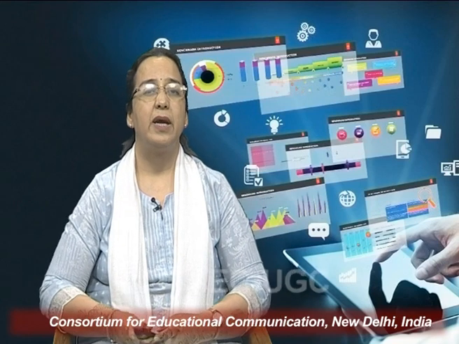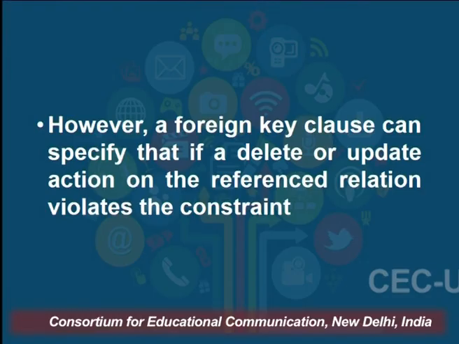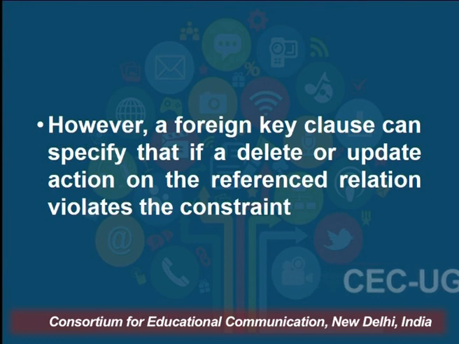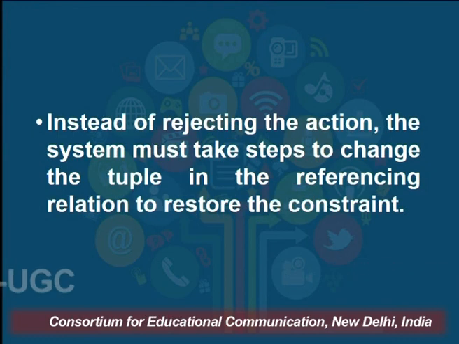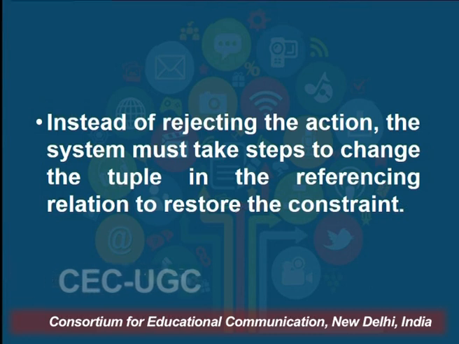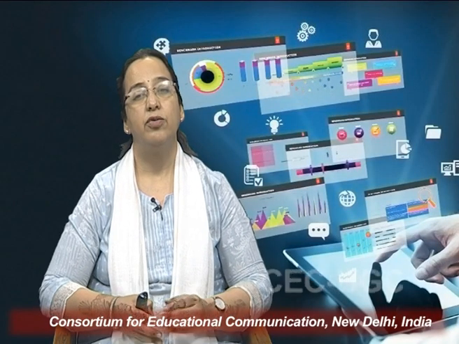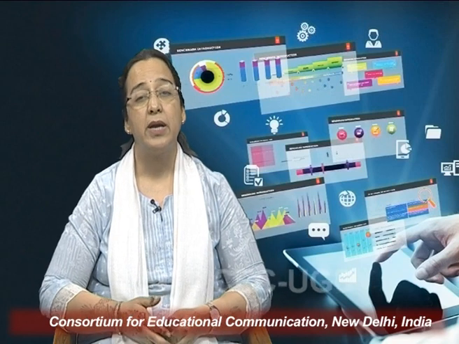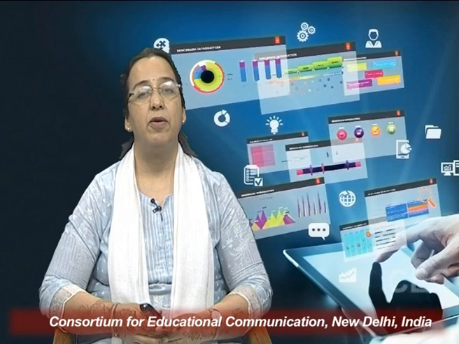However, a foreign key clause, which is about this references, can specify that if a delete or update action on the referenced relation violates the constraint, then instead of rejecting that action, the system must take steps to change the tuple in the referencing relation to restore the constraint. So it is not always rejection, but the tuple can restore the constraint, and that can be done with the help of the term cascade.